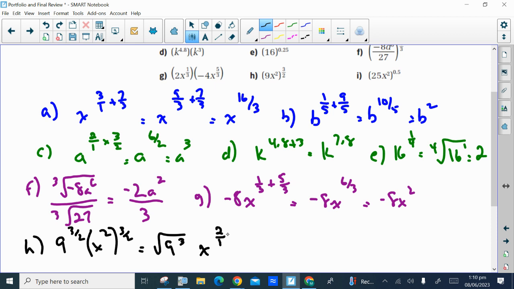It'll be 2 over 1 times 3 over 2. The square root of 9 is 3, and 3 cubed is 27. When you multiply 2 by 3/2, 2 times 3 is 6, over 1 times 2 is 2, 6 divided by 2 is 3. Another way of looking at that is that the 2's cancel, and you get 3 over 1.